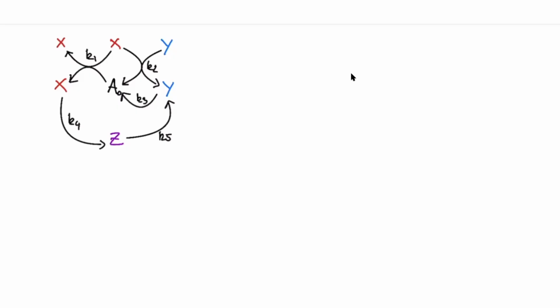Okay, so let's start with the species x. I'm going to write dx/dt. If you're lazy, you can just write x dot, which means the derivative in time. So x dot. And we're going to look at where the species x are. I color them in red. You can see that in reaction 1, which is labeled with k1, x is being consumed.